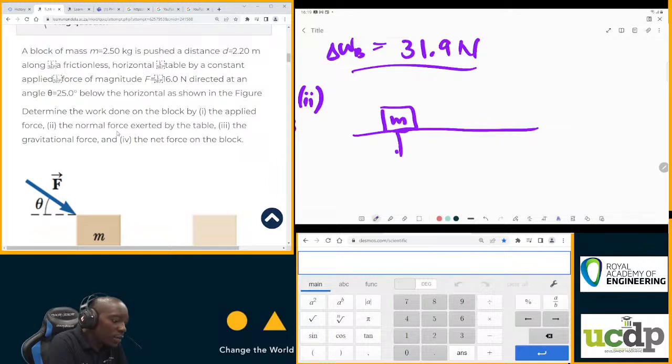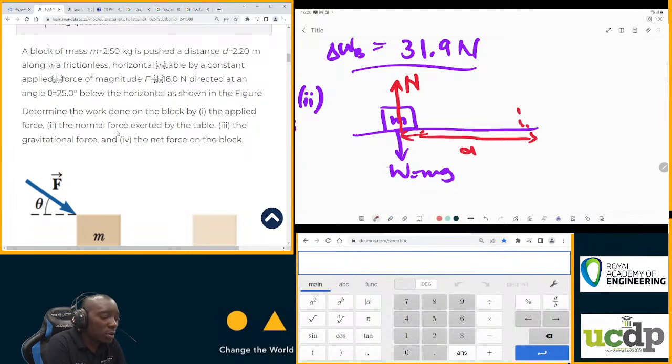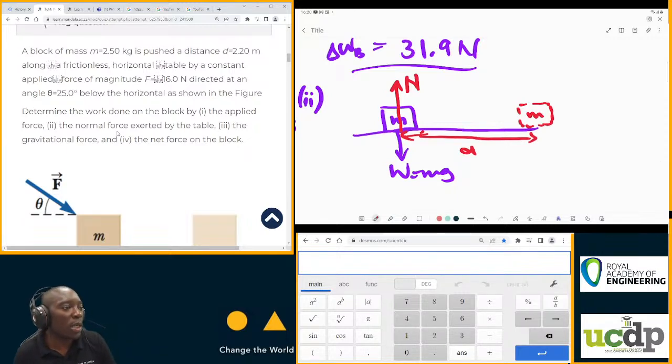The block of mass m has its weight mg, and a reaction, which some call the normal force, upward and opposite and equal in magnitude to mg. But this block moves in this direction, a distance d, to a new position. So the question is, what is the work done on the block by the normal force exerted by the table?